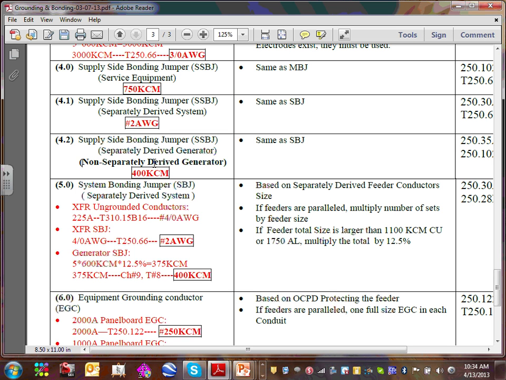And also for a non-separately derived system, whether it's a separately derived system or non-separately derived system, the supply side bonding jumper stays the same. Doesn't matter.